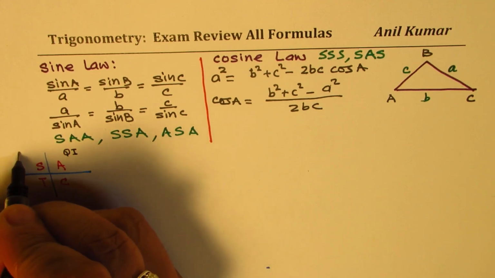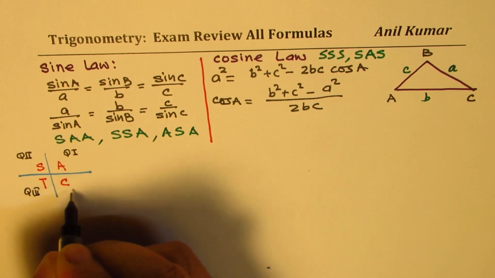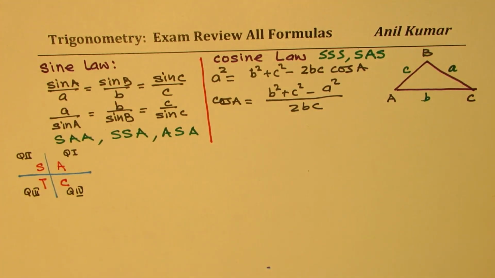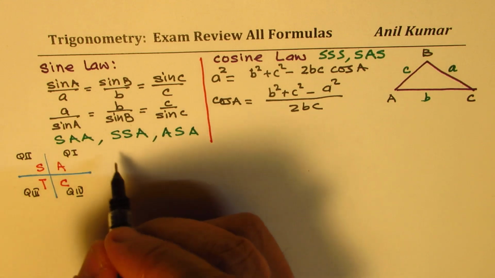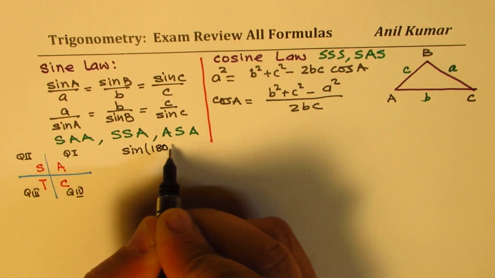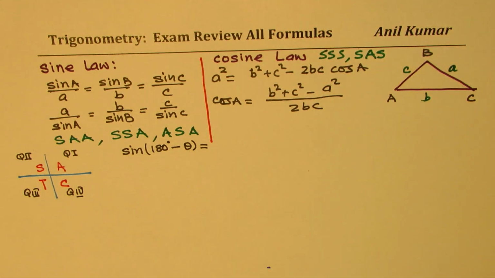Quadrant 1, quadrant 2, quadrant 3, and quadrant 4. Now based on these quadrants, we have many more formulas, right? So one of them, for example, will be sine of 180 degrees minus theta is equal to what?